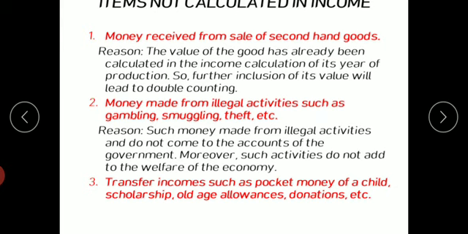The government pays scholarships and old age allowances to old people. So these are transfer incomes, which are not included in the calculation of national income.